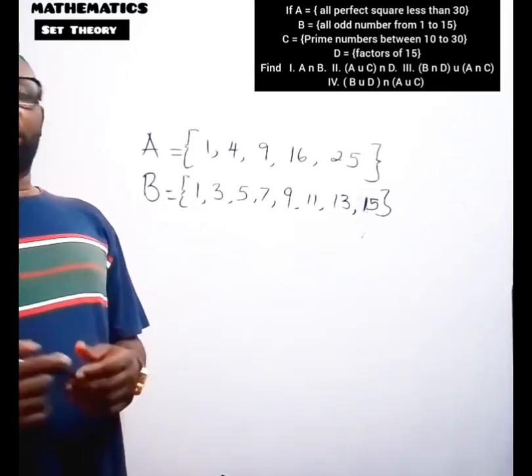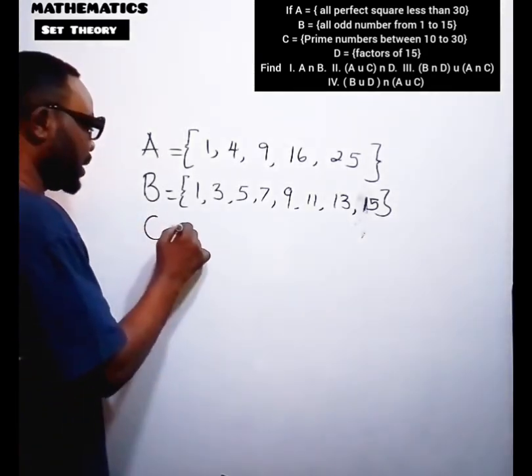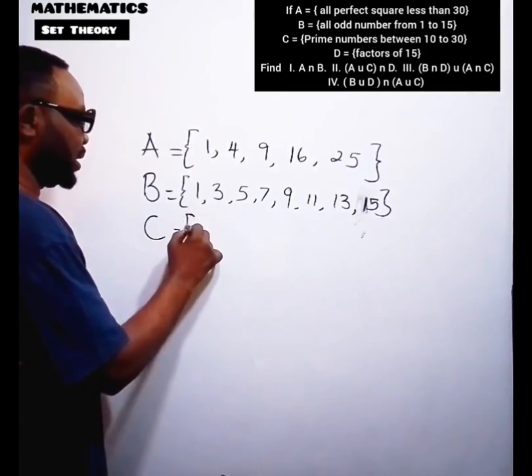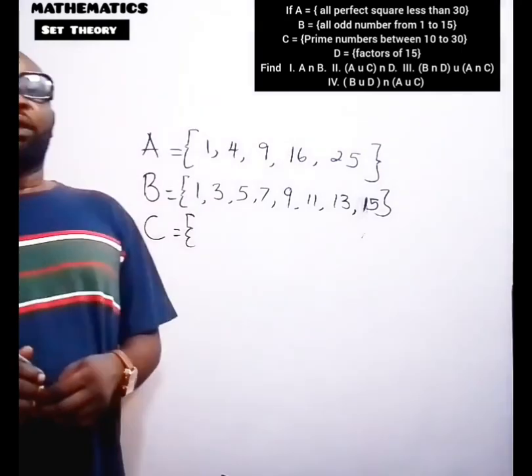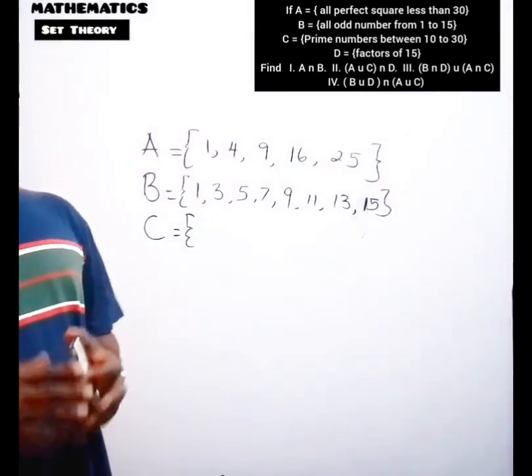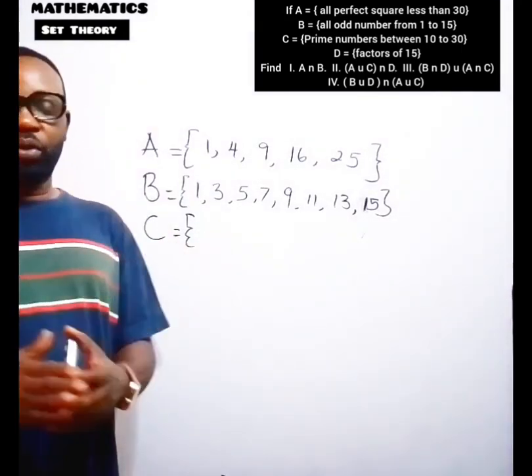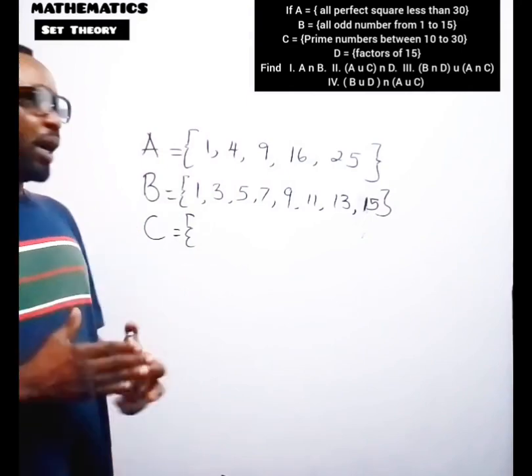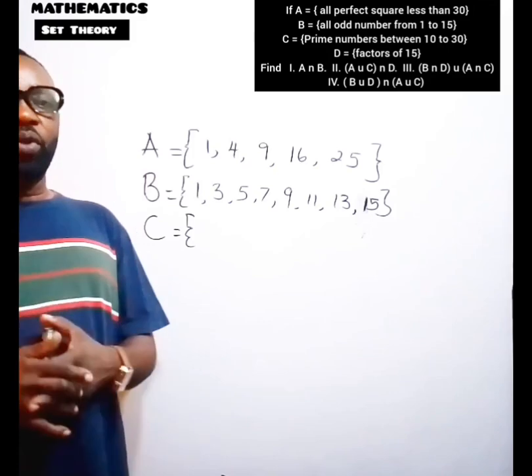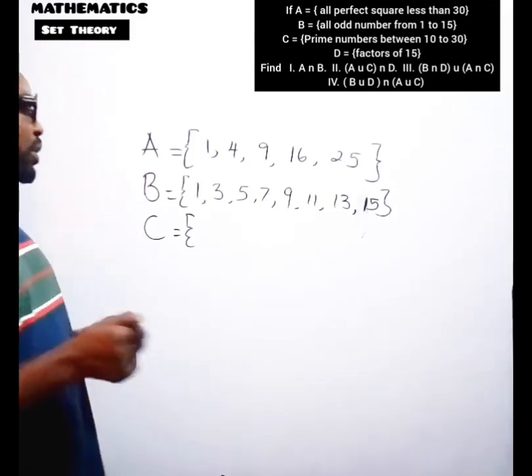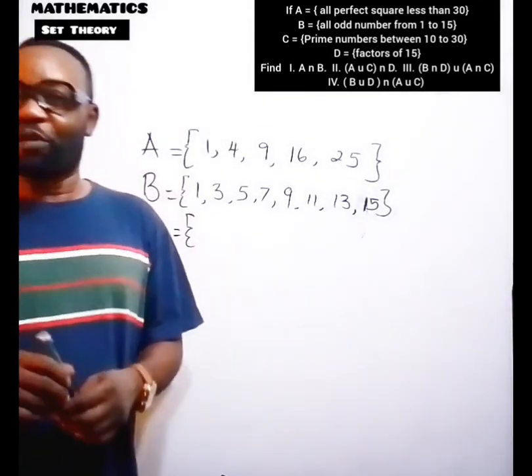Now, this C part says that C is a set such that C is a prime number between 10 and 35. A prime number between 10 and 35. What is the meaning of prime number?